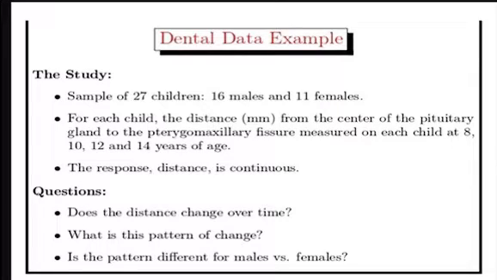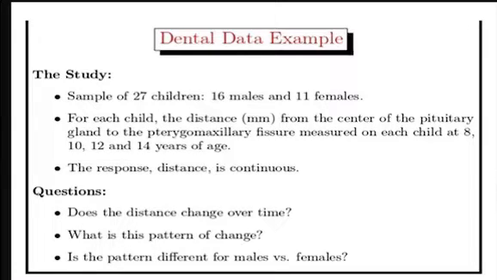For each child, the distance from the center of the pituitary gland to the pterygomaxillary tissue was measured when the child was 8, 10, 12, and 14 years of age. How many time periods? Four time periods. From age 8 to 14 is 6 years, but at different time periods.